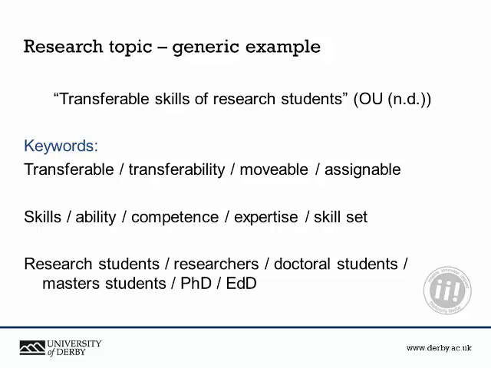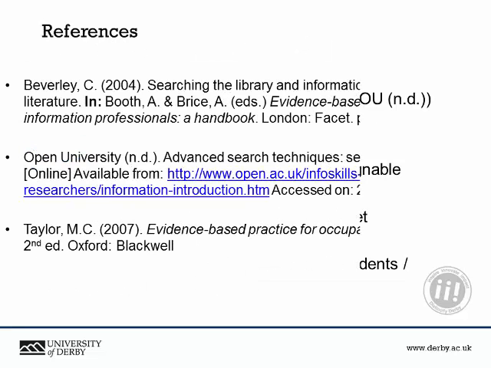You can use phrases to build up your search string, so you would look for transferable skills as one search, and research students as another. You could perhaps look for research competencies and tie that in with transferability. And don't forget, as you read more, you will come across additional keywords that you can use to further refine or define the scope of your topic.